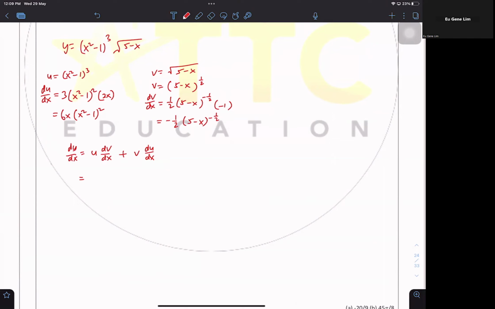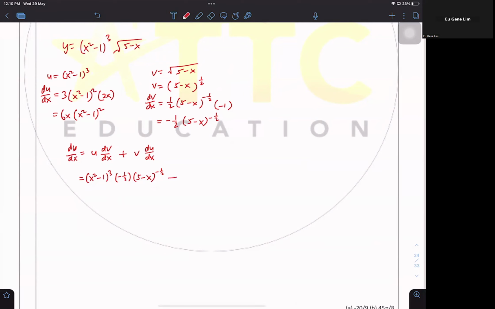Okay, u is this one, so x squared minus 1 power 3. dv dx is this one, right? Now, when you copy like this, you just put bracket everything. The meaning is actually times. It's actually u times dv dx, so that's why we put bracket.